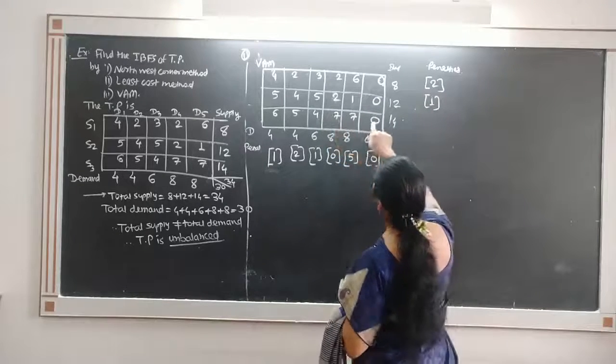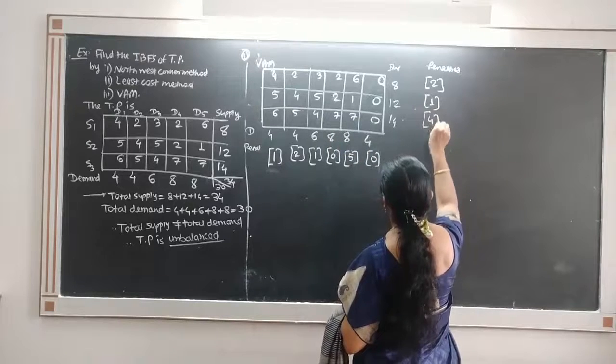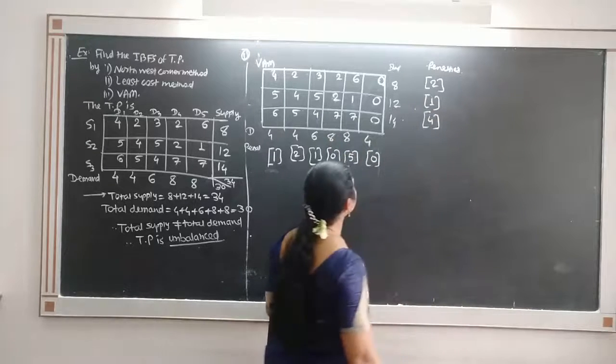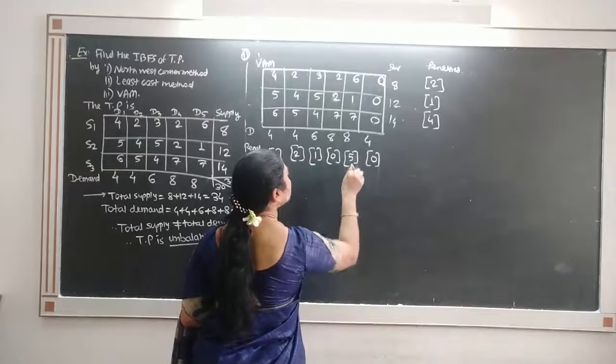And 4 minus 0, 4. The maximum penalty, greatest penalty is 5.